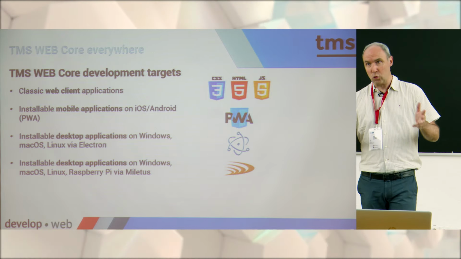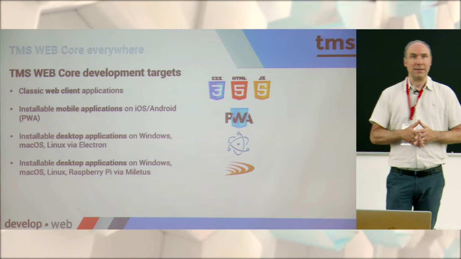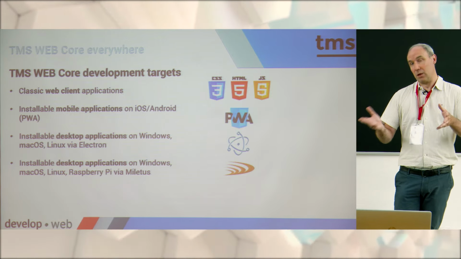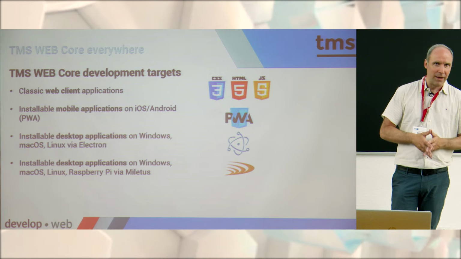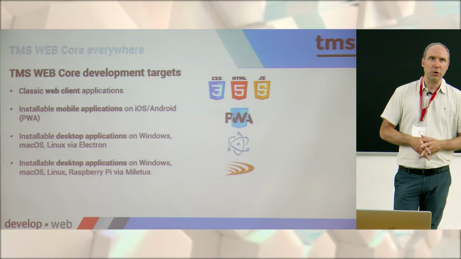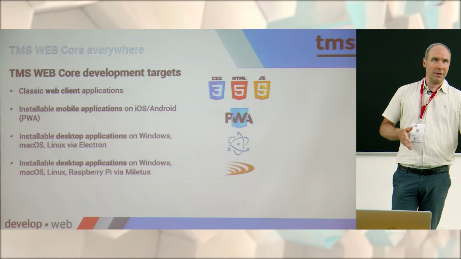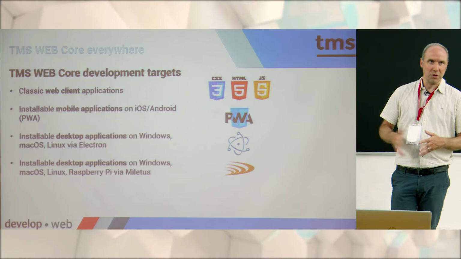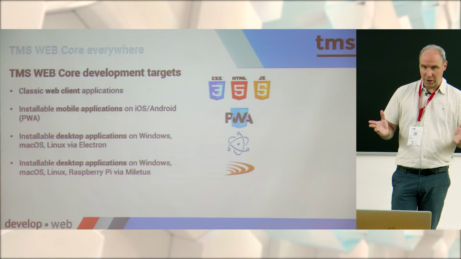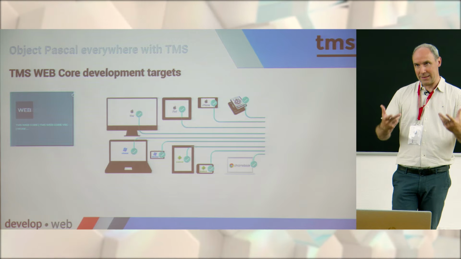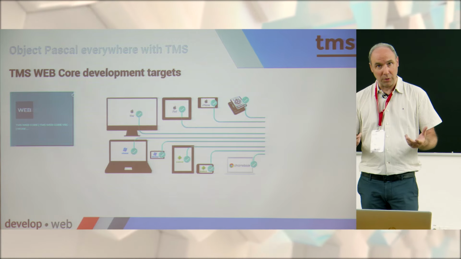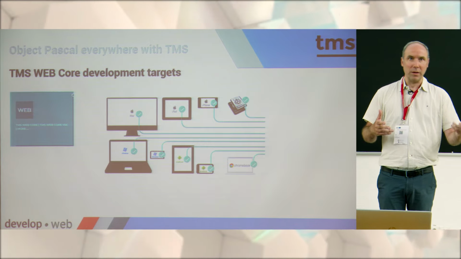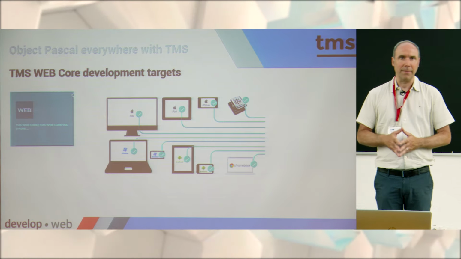And two other ways to create an installable desktop application that can also maybe run offline on a desktop computer is via either the Electron framework or our Miletus framework, which are frameworks that create standalone executables, cross-platform, for Mac, Windows, Linux, Raspberry Pi.